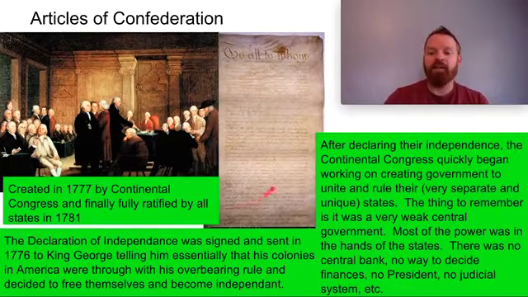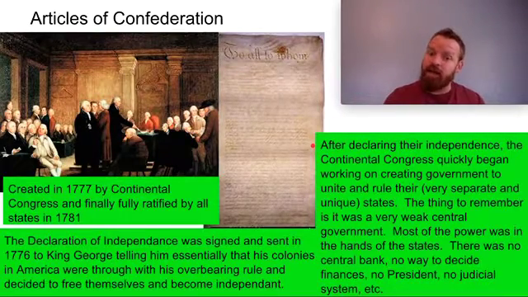Well, after declaring their independence, the Continental Congress quickly began working on creating a government. Well, we're independent, we need our own government now, to unite and rule their very separate and unique states. So the thing to remember is that it was really a weak document, the Articles of Confederation. It was really weak because it didn't give much power to a central government. They were afraid of an overbearing ruling leadership, just like what they got out of, right?